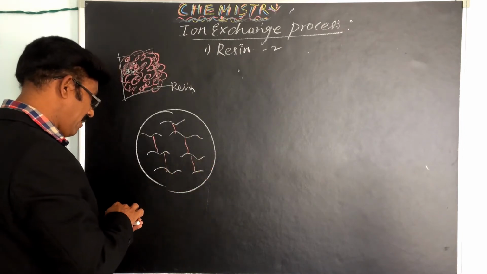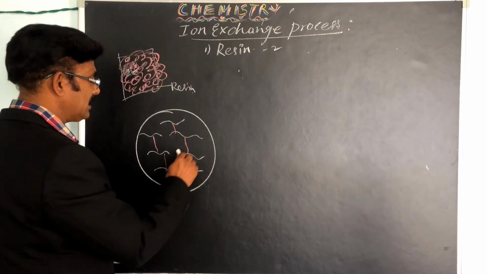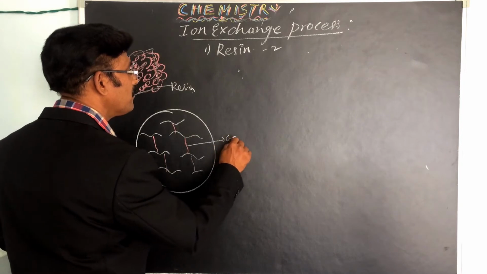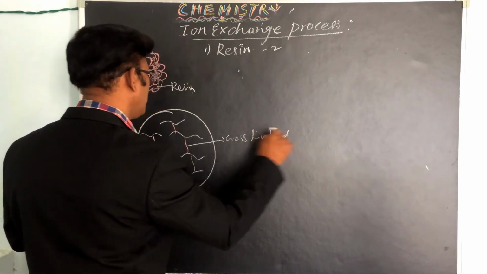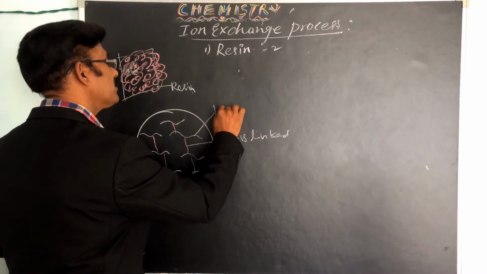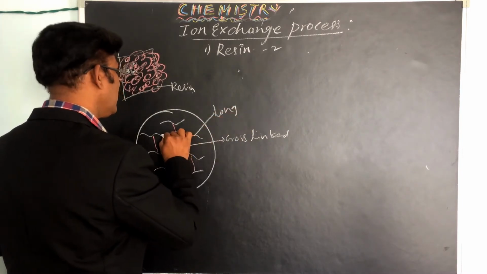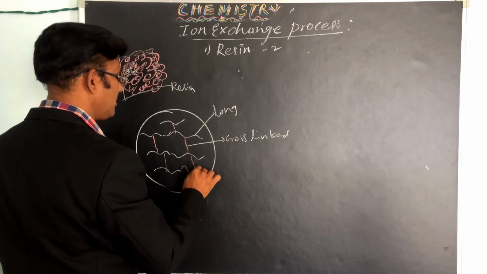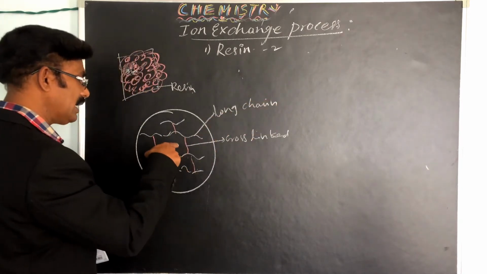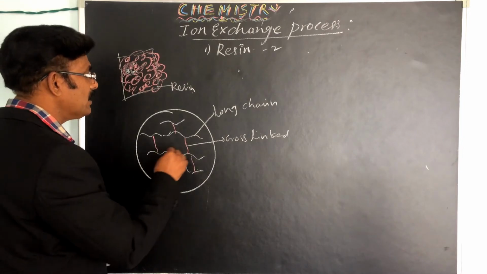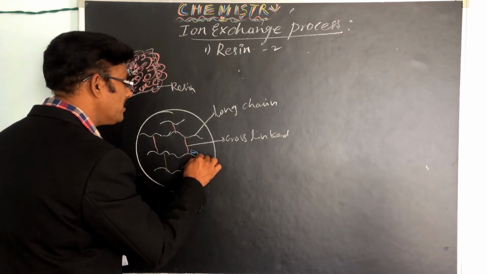This is the cross-link, and this is the long chain. It is a long chain polymer, cross-linked, having the minus ion places.